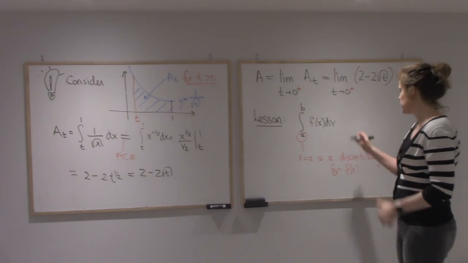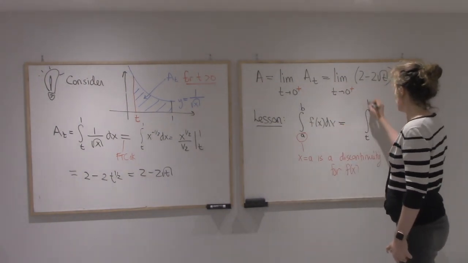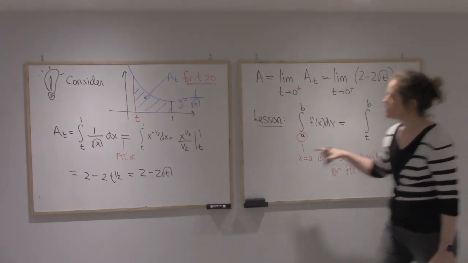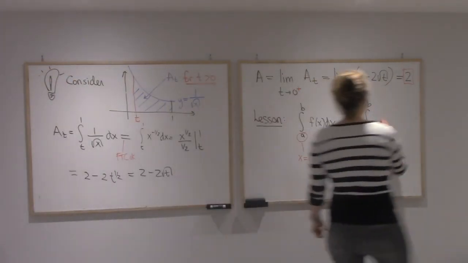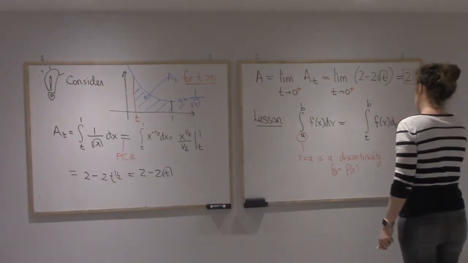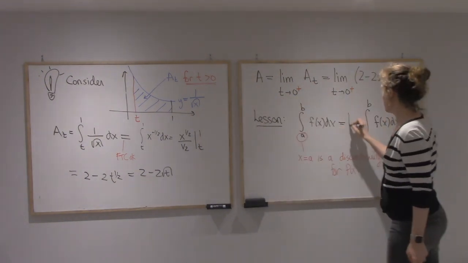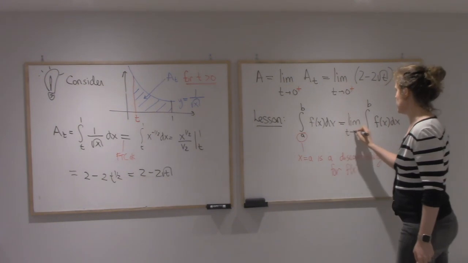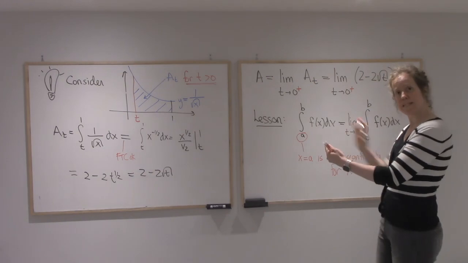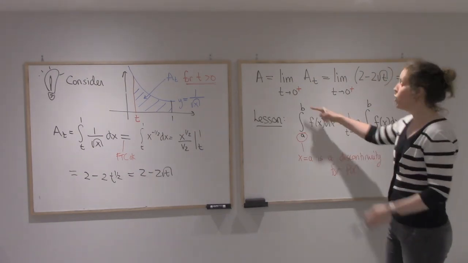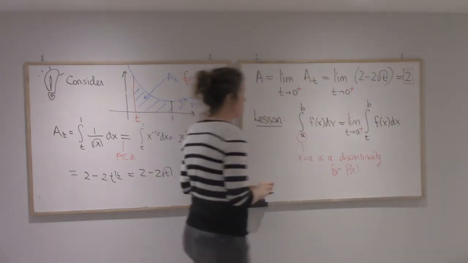So if it's a discontinuity, then instead of evaluating this, I'll replace the issue with t. So here I've replaced 0 with t, and then I can compute this. But when I want a, I need to write a limit before. So I need the limit as t goes to a, and because I want to avoid a, I'm going to be taking values on the right, closer to b than a is, so I'm going to put a plus.